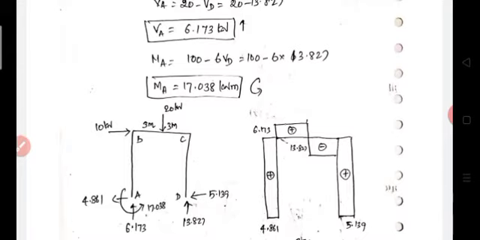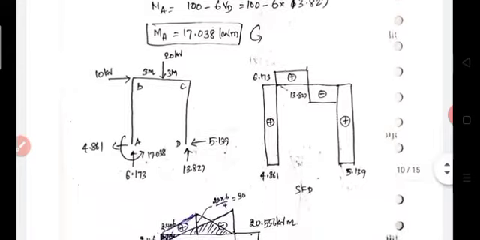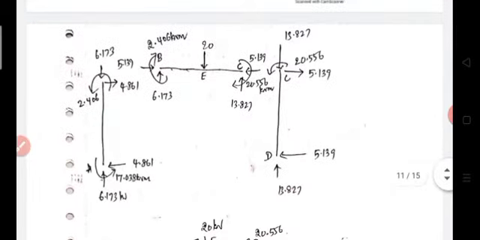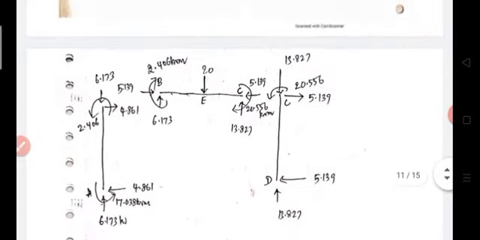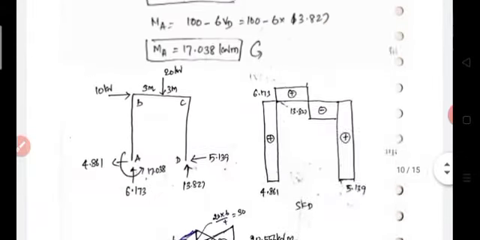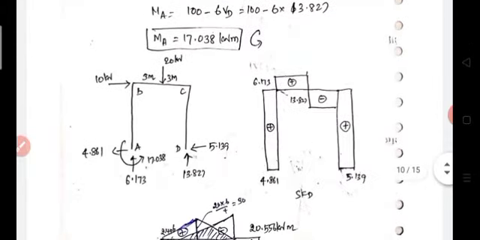For this, first draw the free body diagram for the segment. For the column, the free body diagram for the column CD.